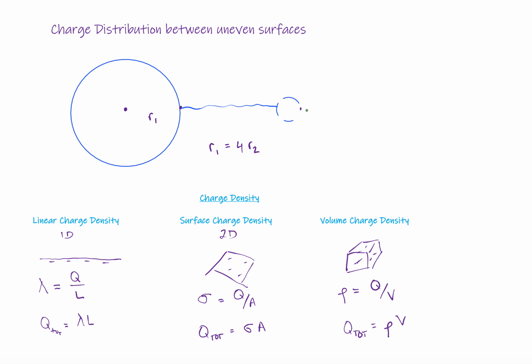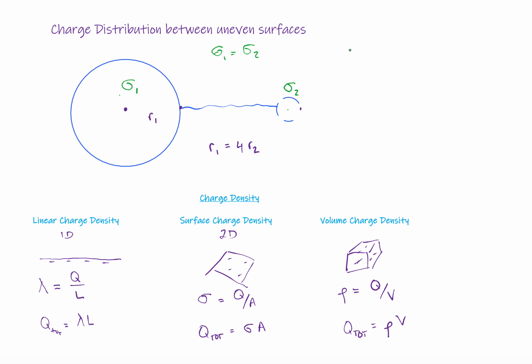But what we'll do first here is say maybe the charge densities of both of these are the same. In other words, if we call this one sigma 1 and this one sigma 2, we would say that maybe they have the same distribution per unit of area, because remember, this is on the surface of the sphere, which is the surface area.